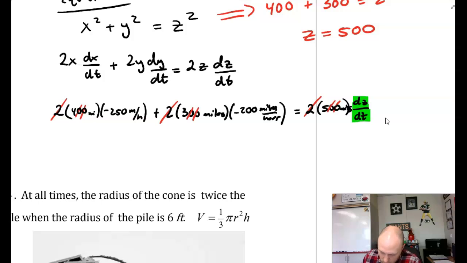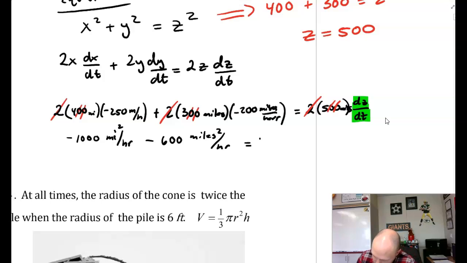So we end up getting negative 1,000 miles squared per hour, or actually minus 3 times 2, which would be 600 square miles per hour. And this is equal to 5 dz/dt.